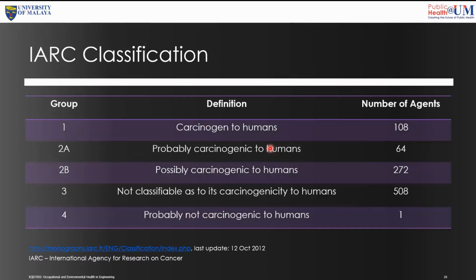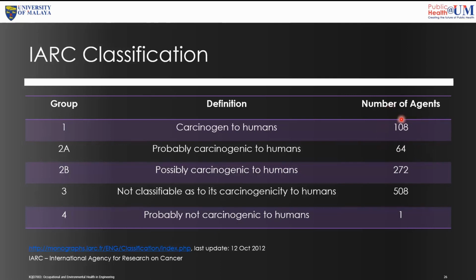So this is IARC. As I mentioned earlier, International Agency for Research on Cancer. Group 1, group 2A, 2B, 3, and 4. Group 1 is what we call carcinogenic to humans.